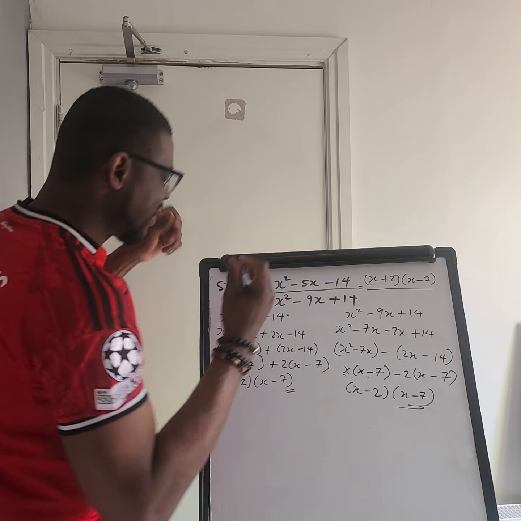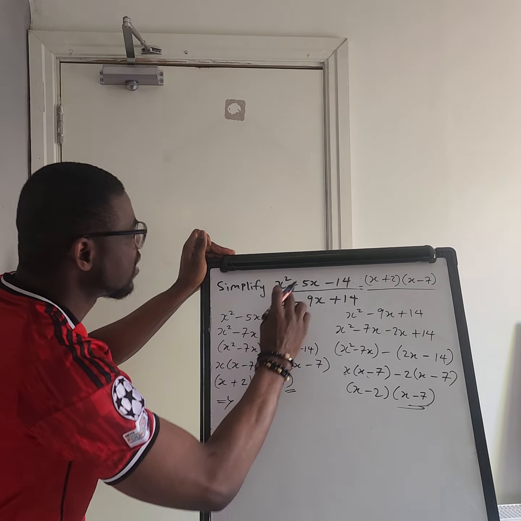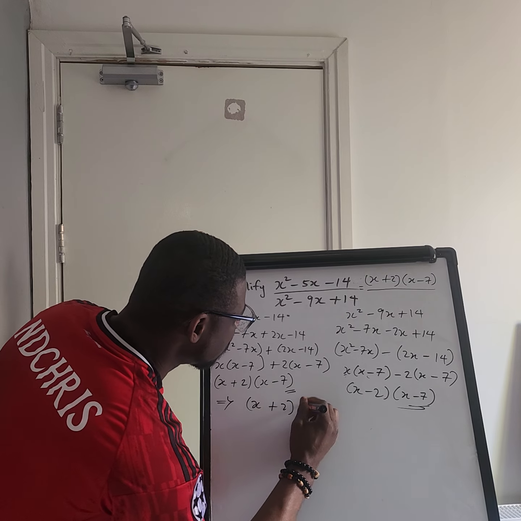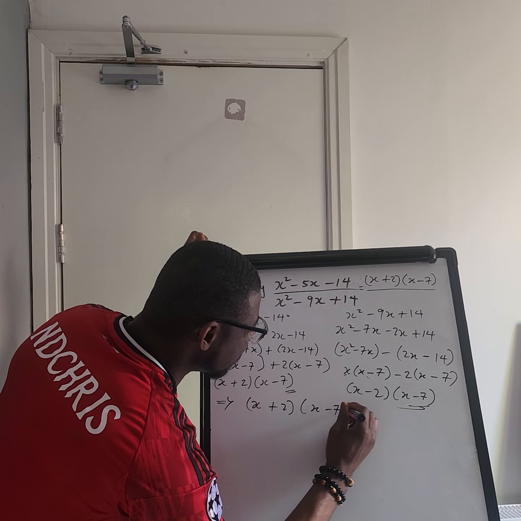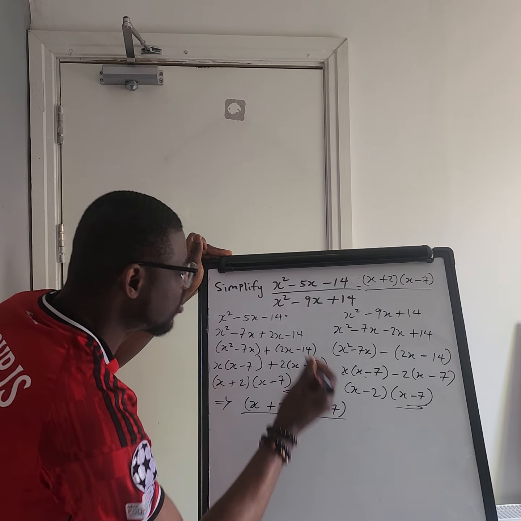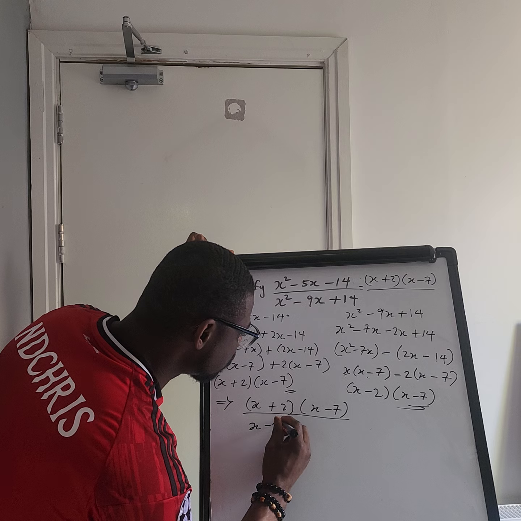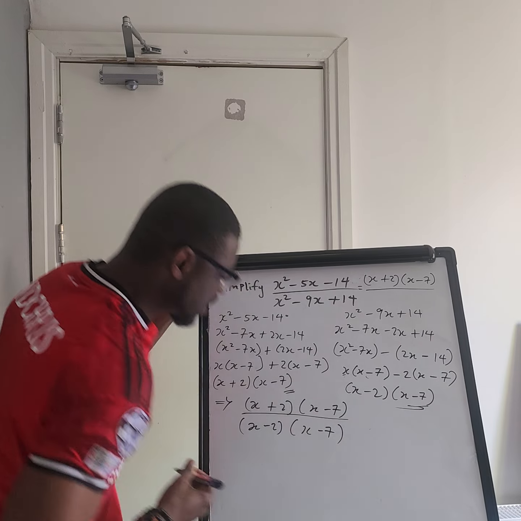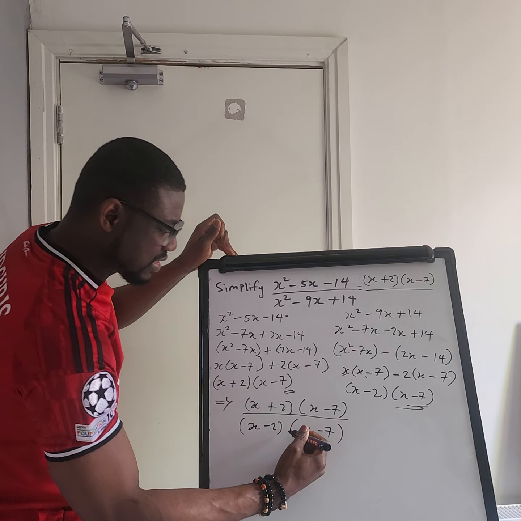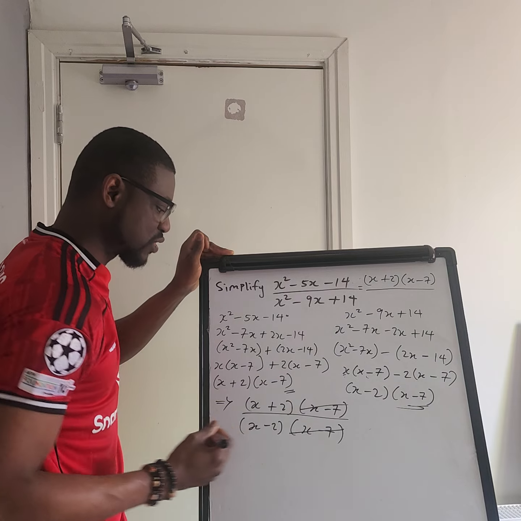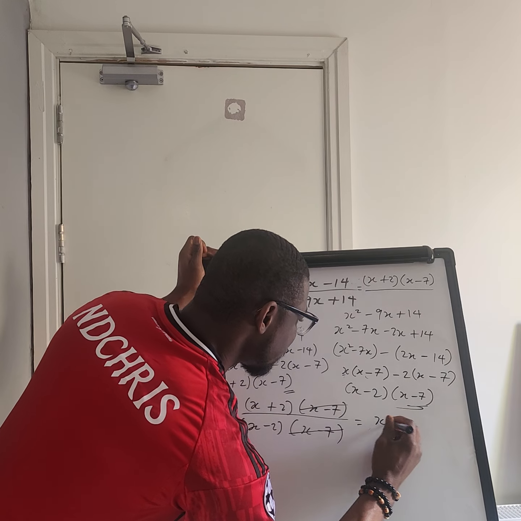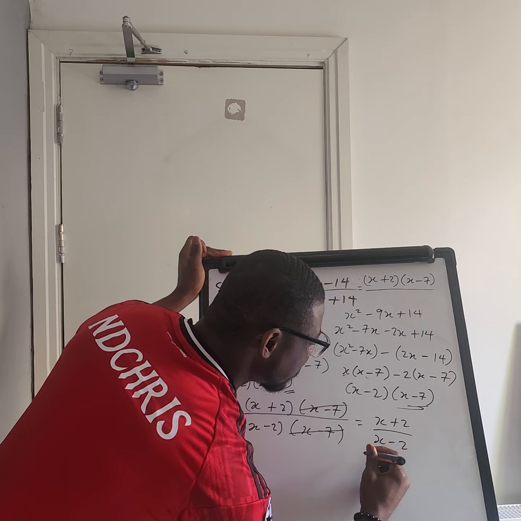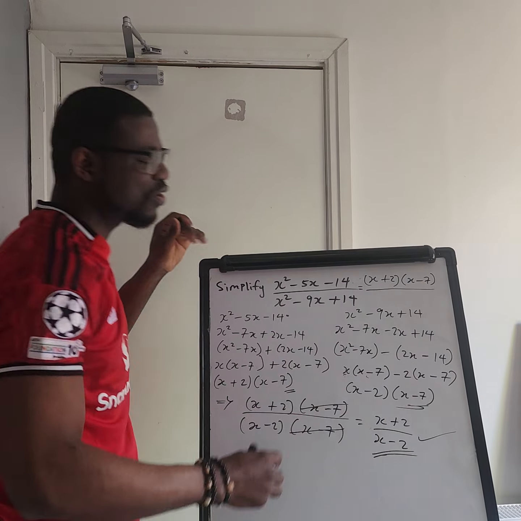So finally, from what we did, our numerator gave us x plus 2, x minus 7, all over the denominator, which gave us x minus 2 against x minus 7. What can cancel out? This is the same as this, so two of them can cancel out, leaving us with x plus 2 all over x minus 2. That's our final answer. You can no longer simplify this.